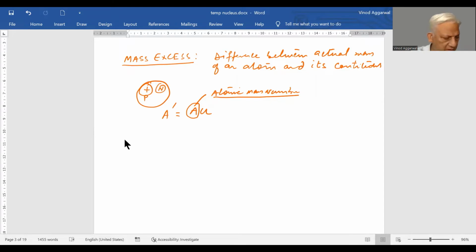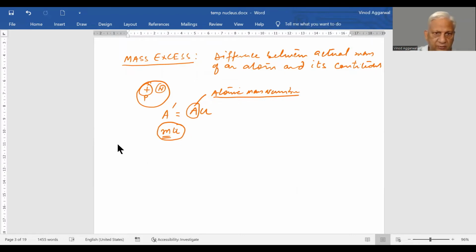And let us say the actual mass is m mass units. So its total mass will be so much. So we have two weights, one is this one and one is this one. And what is the difference between the two?